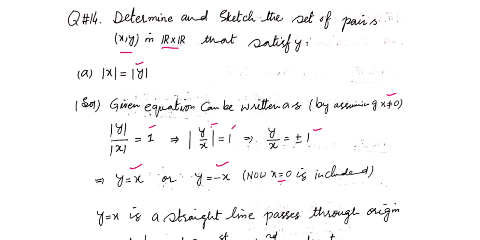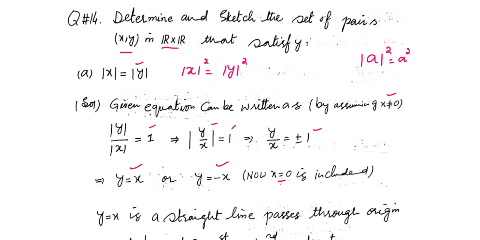The other way to solve this equation is very simple. We can take the square on both sides. This gives the square of |x| equal to the square of |y|. You know, the square of |a| is simply equal to a squared.